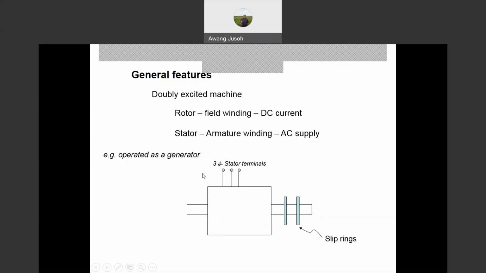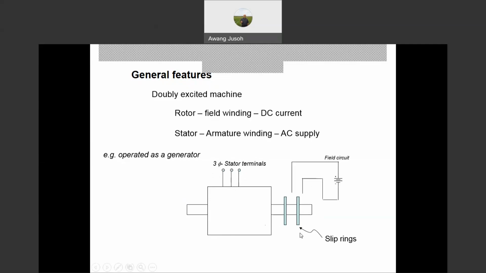If it's a generator, we get the output supply from the machine, and with the motor, we apply a three-phase supply here. So for a generator, we have a three-phase balanced voltage supply here at the stator terminal.